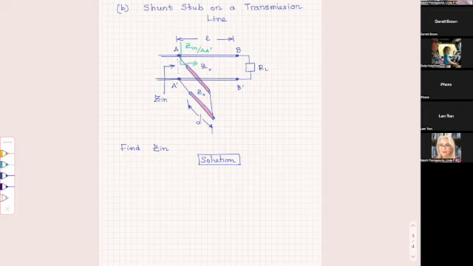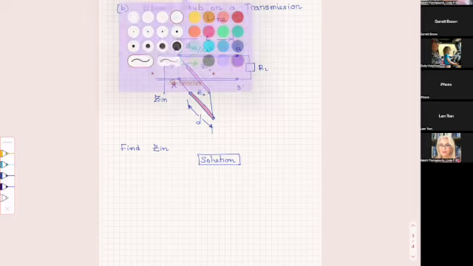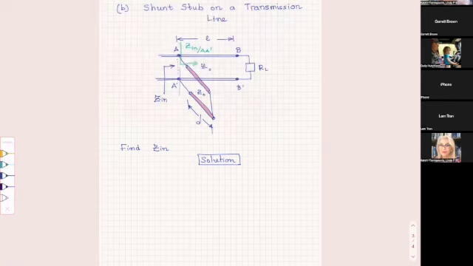So this is without the stub, obviously. I don't see the stub as I'm looking towards the end of the line, the stub is behind me. And then I look at the input impedance here, inside the stub, like this, and I call that Z stub, at A prime.